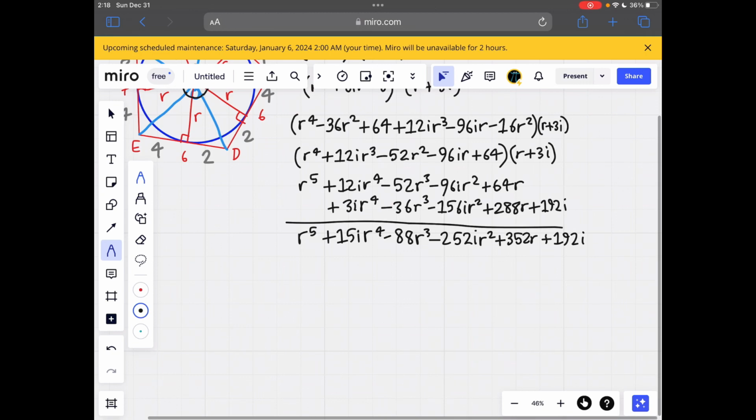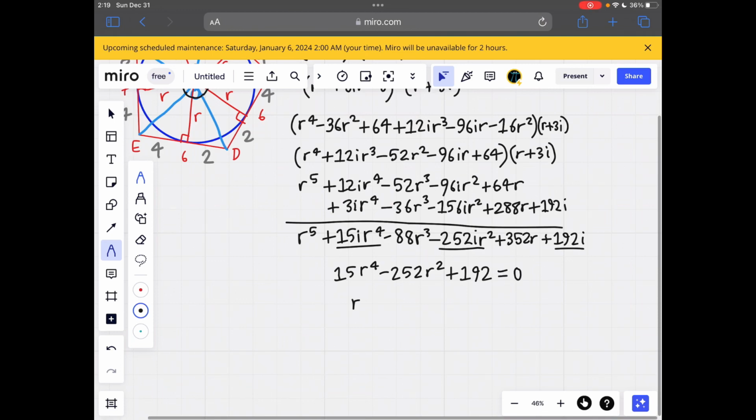And how do we get an expression for the number of times i appears? Well, it has to come from one of these three terms. So it's just 15r to the fourth minus 252r squared plus 192. That's the number of times i appears, and it should be equal to 0.